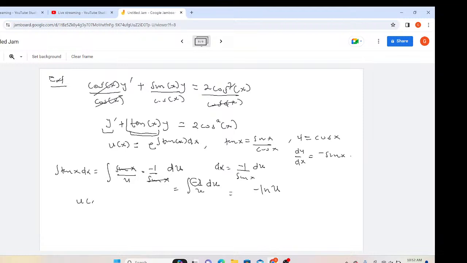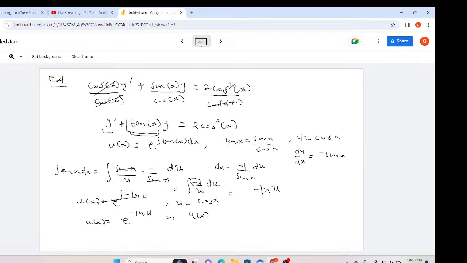So my u of x becomes exponential of negative ln u. But I said let u be equal to cos x, so we substitute it.